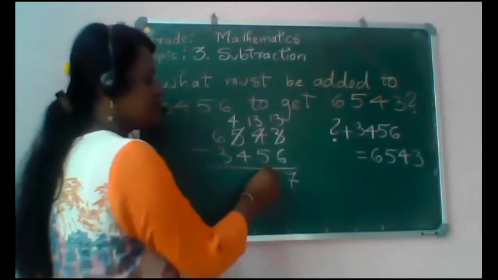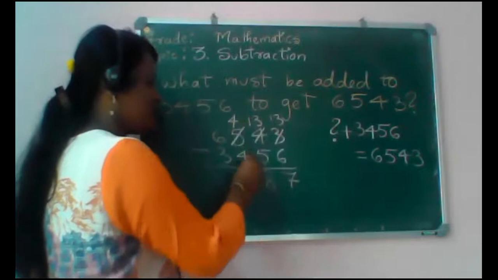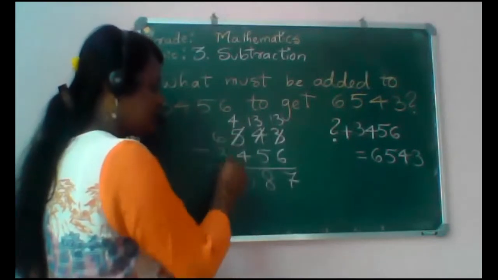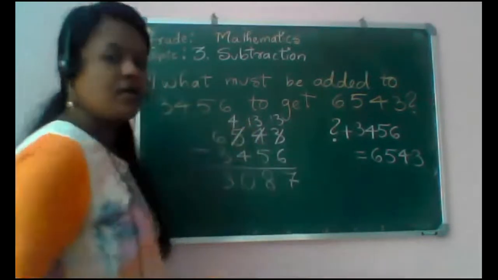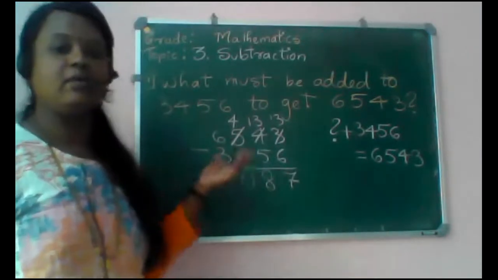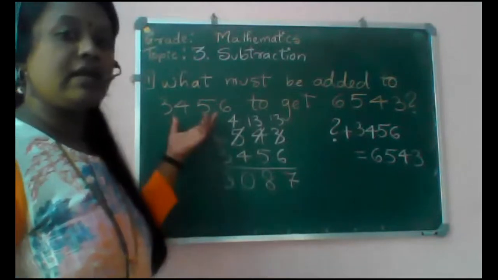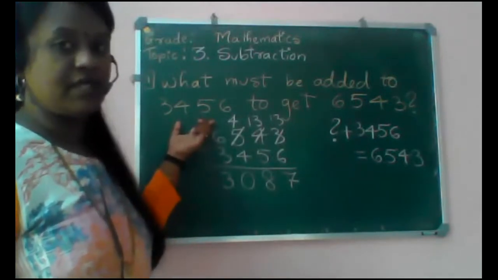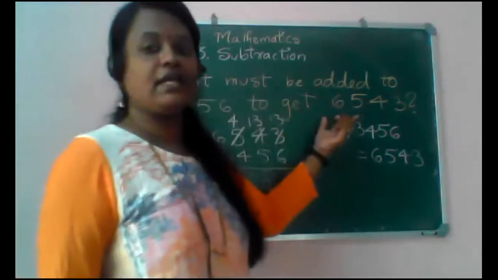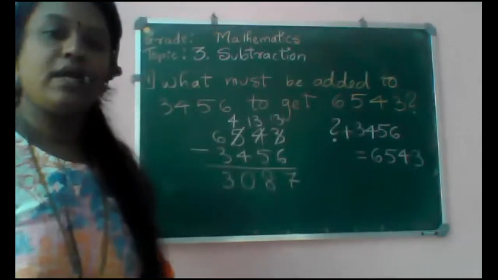That is 13 minus 5 is 8. 4 minus 4 is 0. And 6 minus 3 is 3. So we say that 3087, when added with 3456, we shall definitely get the answer, that is 6543.